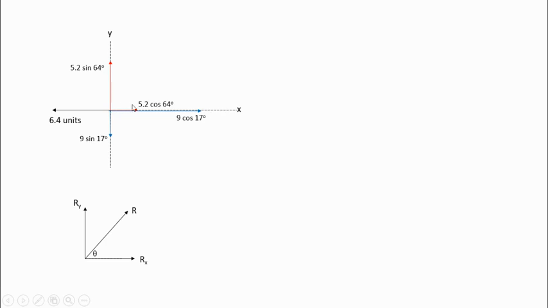So the two red ones have replaced the original 5.2 units vector. The two blue ones have replaced the original 9 units vector. The 6.4 units did not need to be replaced because it was already in one of the perpendicular directions. So now all we have here are parallel and perpendicular vectors.